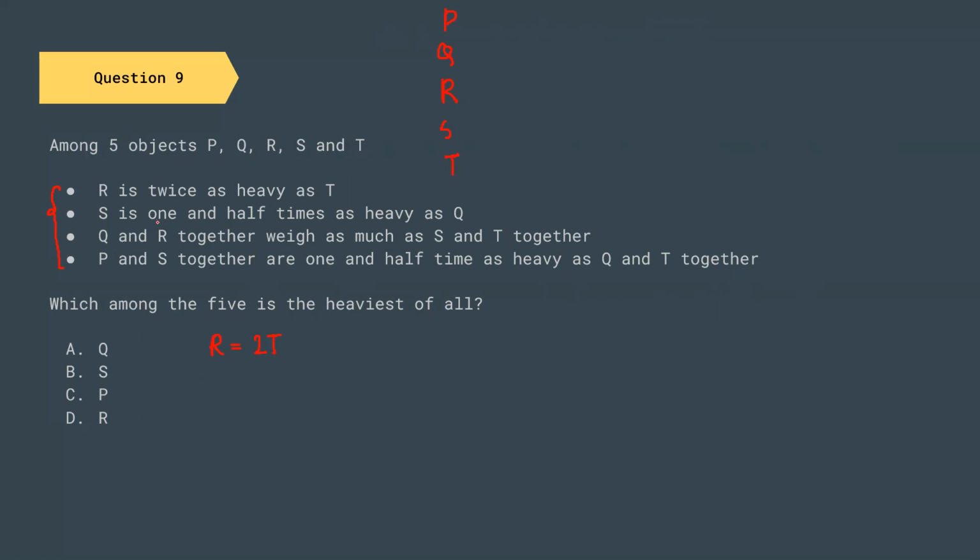Next is S is 1.5 times as heavy as Q. That means S is equal to 1.5 times, that is 1 and a half, of Q. And if we simplify it, we can write S is equal to 3Q by 2. So this is your equation number 1. This is your equation number 2.